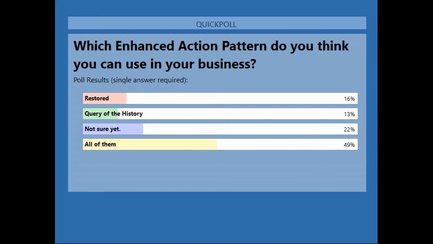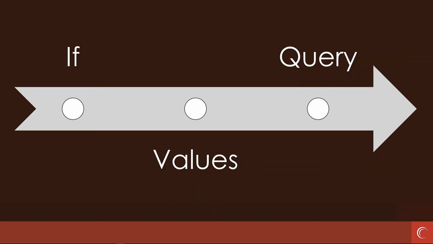I know so many times a lot of people have done the whole bit with their customers where they're constantly going, oh, it depends, it depends, it depends. Well, now we have the ability to say it depends all the time in our action patterns, which is really huge for us. So I'm very excited for you guys.